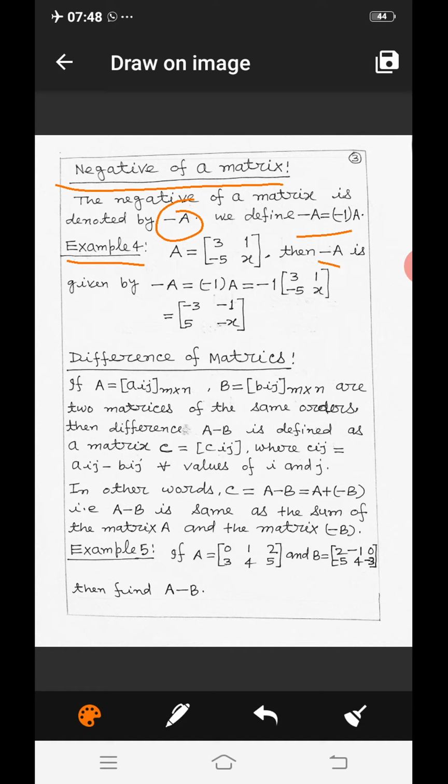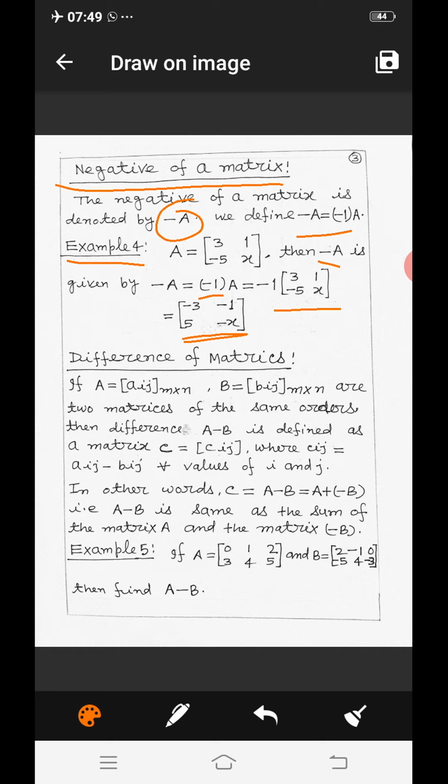Then minus A is given by minus A equal to minus 1 into A, and this is equal to minus 1 into a matrix A having elements 3, 1, minus 5, x, and this is equal to minus 3, minus 1, 5, minus x. Here we multiply each element of matrix A by minus 1.